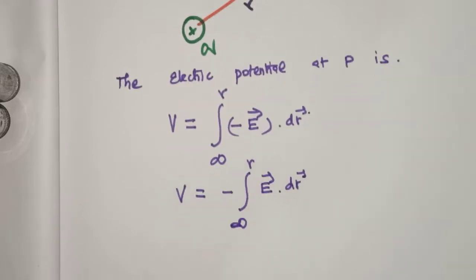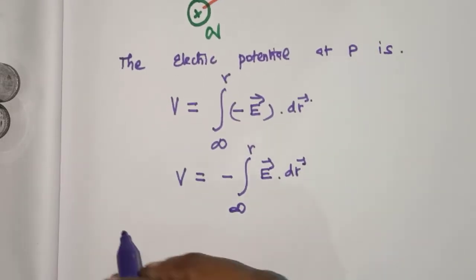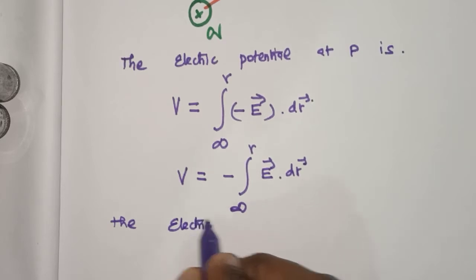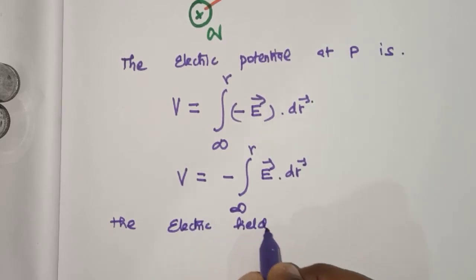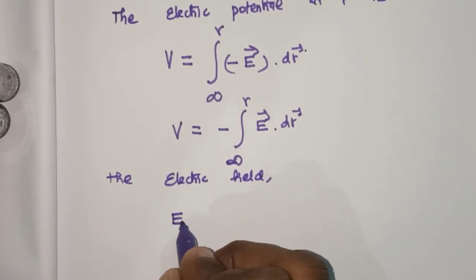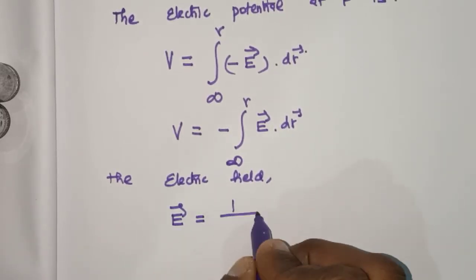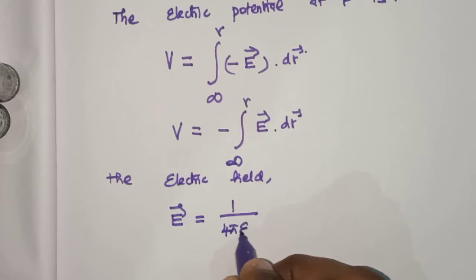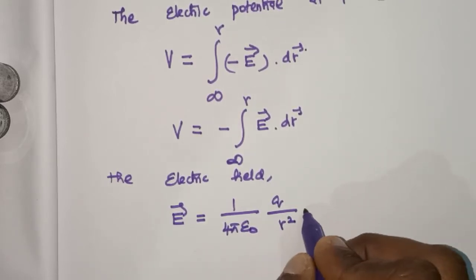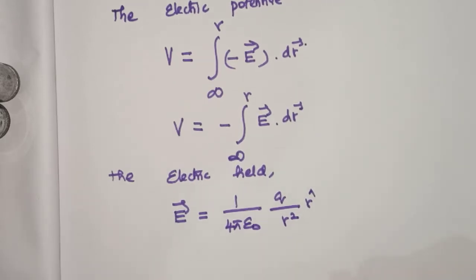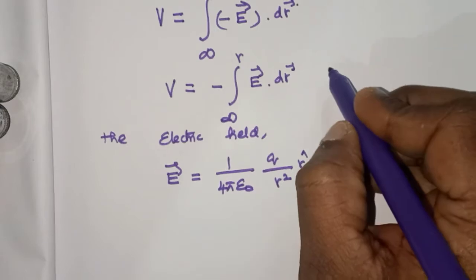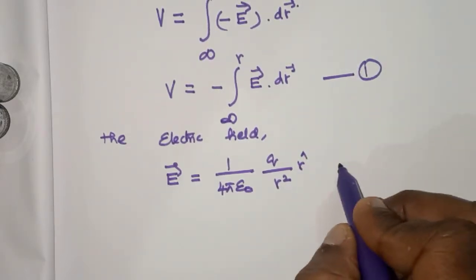Therefore the electric field, we know the equation, E is equal to 1 by 4 pi epsilon naught Q by R square R cap. Previously you know the equation, so I am taking this as equation number 1 and this as equation number 2.